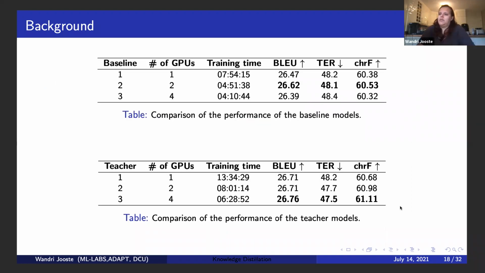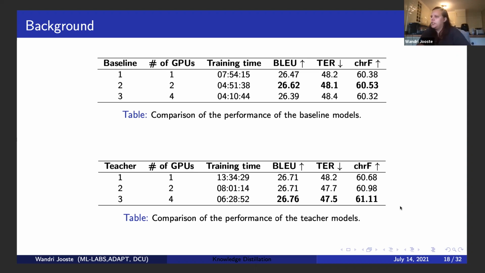So there are the scores of our baseline and teacher models. As you can expect, training time goes down as the number of GPUs goes up. And with the teacher models, the BLEU scores also go up as the number of GPUs goes up.